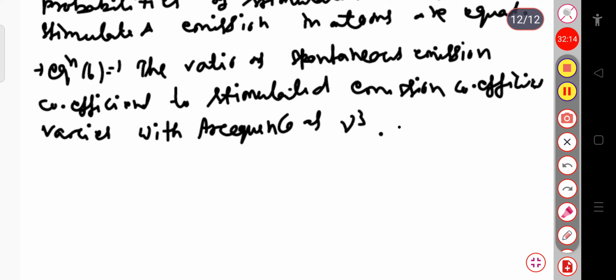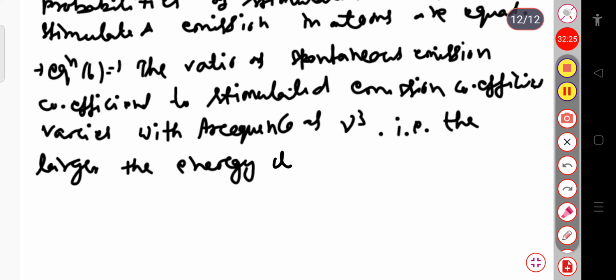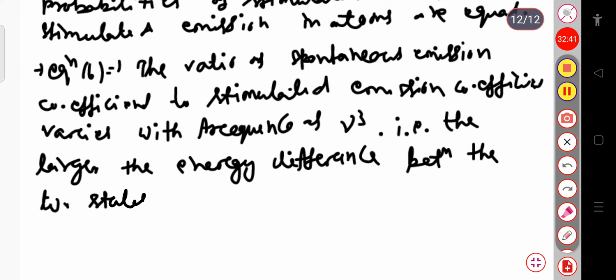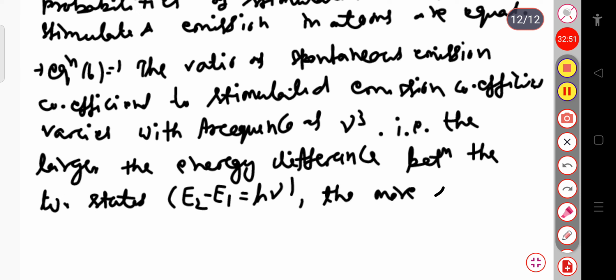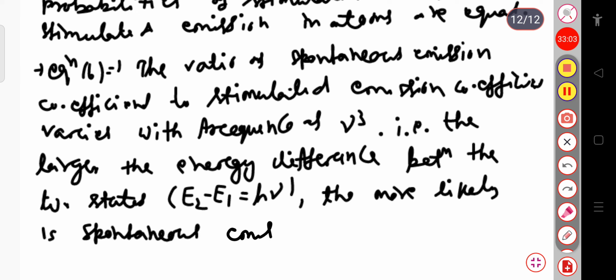That is, the larger the energy difference between the two states, E2 minus E1 equal to h nu, the more likely is the spontaneous emission compared to the stimulated emission.